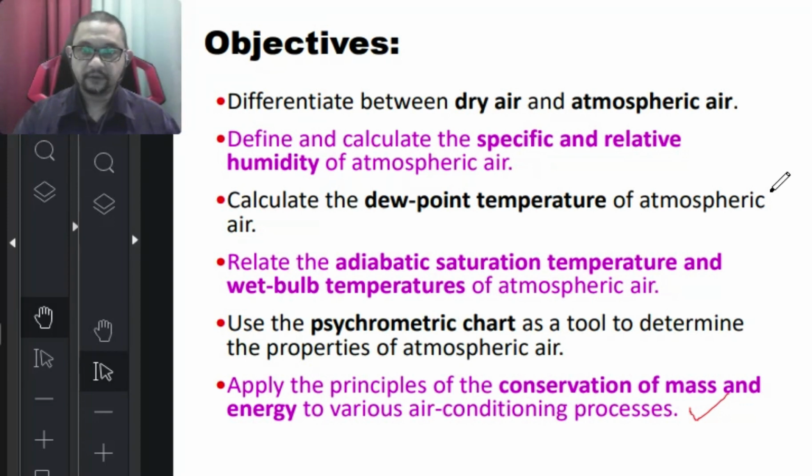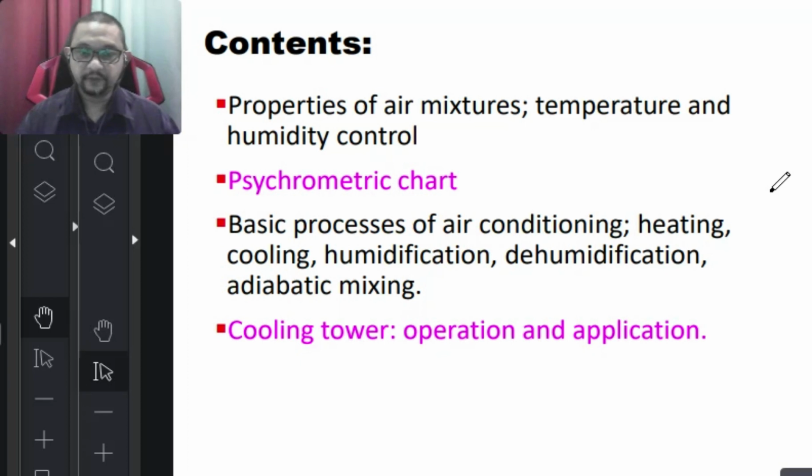So the content we will discuss is this. That means in today's class, students should be able to know the basic processes of air conditioning. That means heating, cooling, humidification, dehumidification, and also adiabatic mixing.